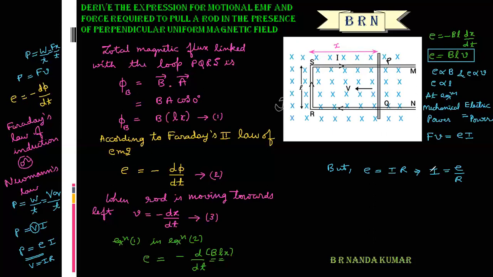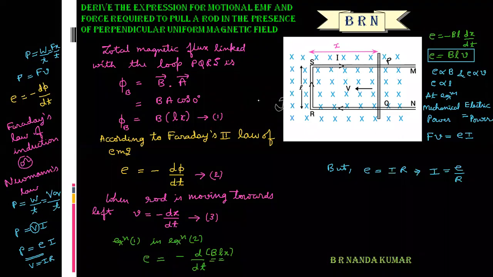The direction of induced current in the rod can be calculated by using Fleming's right hand rule. Fleming is the scientist who gave the direction of induced current. Lenz is the scientist who gave the direction of induced EMF.